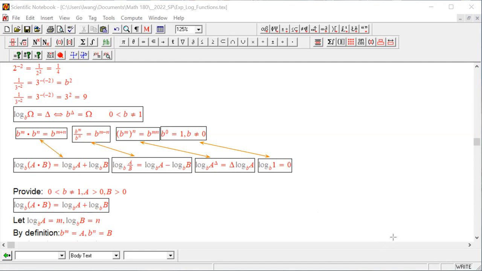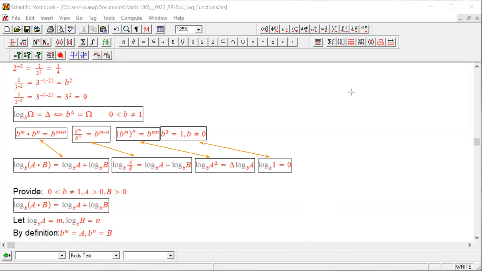These are the properties between logarithm and exponential. And what we did here are proofs. In the next lesson, we're going to work on these properties to see how we can use them properly, and the common mistakes in using these properties.